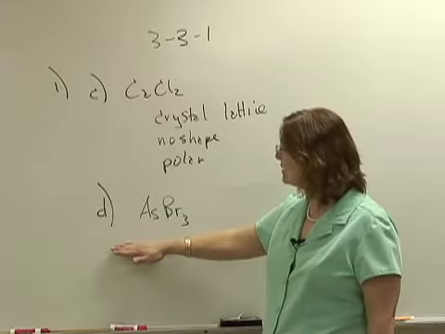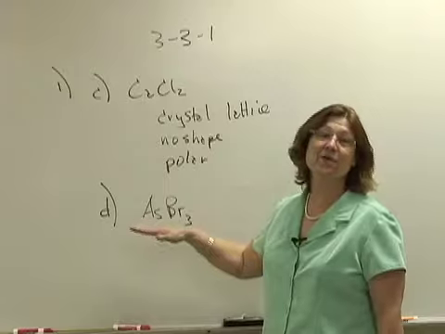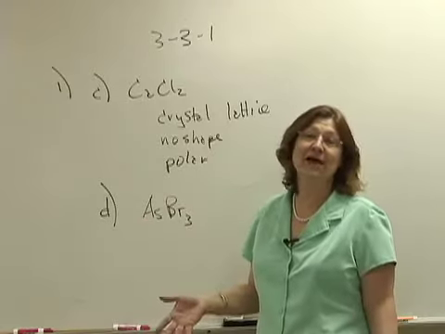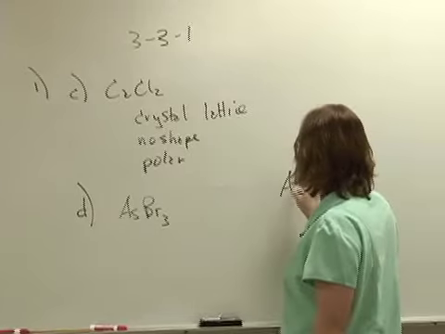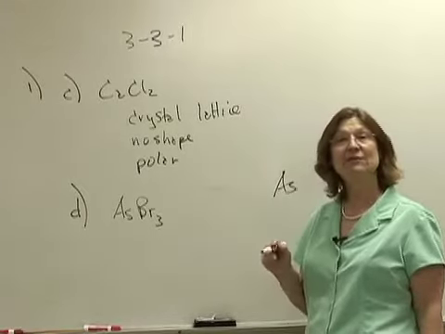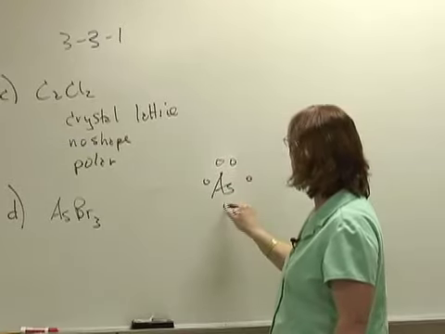Now in D, we have arsenic with 3 bromines. And whether this is C and D or 3 and 4, it doesn't really matter. And I'm going to write my arsenic has an S2P3, and therefore there are 5 outer electrons. 1, 2, 3, 4, 5.